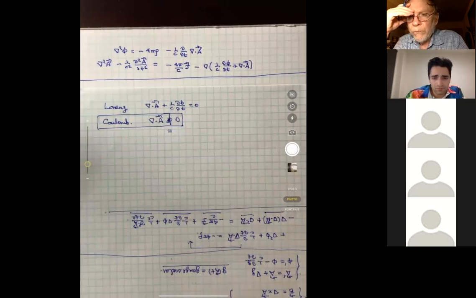Is it easy to change gauge after you've quantized the field? You can do it. So this is a little bit tricky. And the reason is that the quantum theory that you obtain is not simply a function of the gauge, but there's also a question of the procedure that's used.